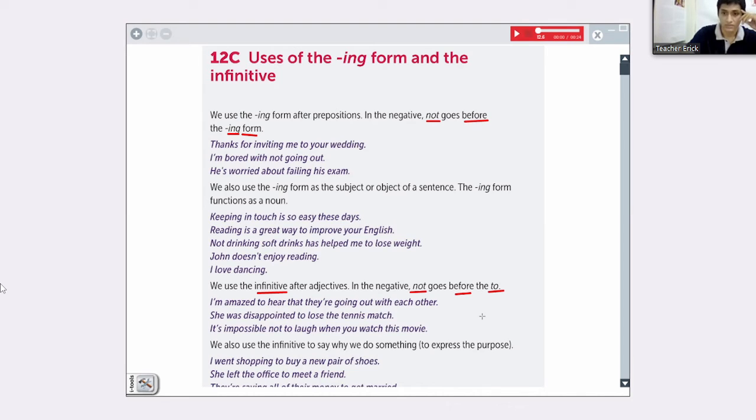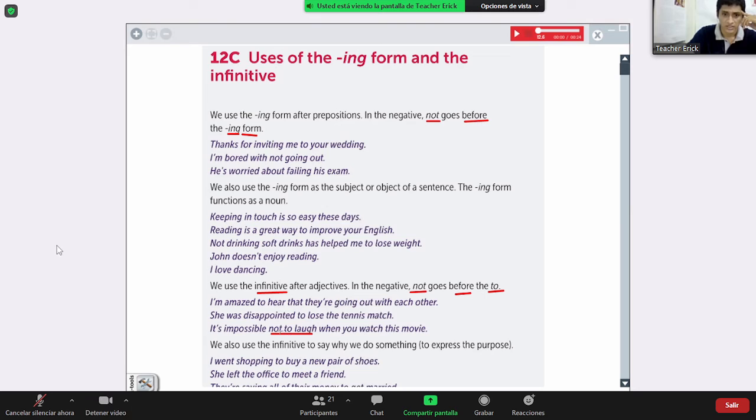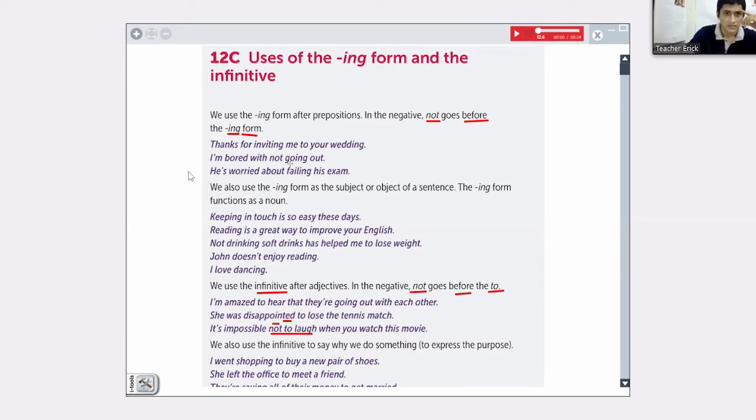Not to go, not to laugh. Entonces, not está antes de to, y si son oraciones negativas con el ing, el not está antes del ing. Not going, not to laugh.